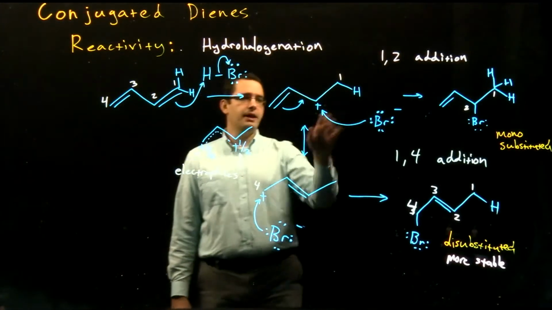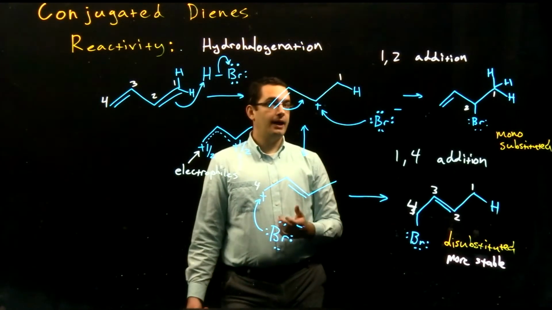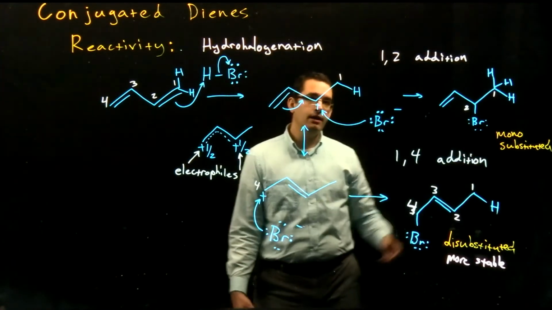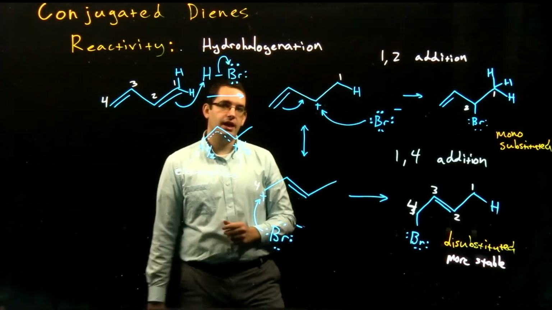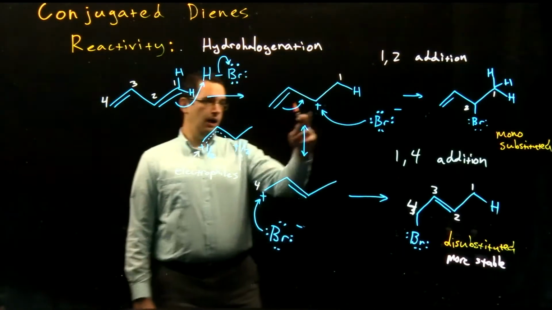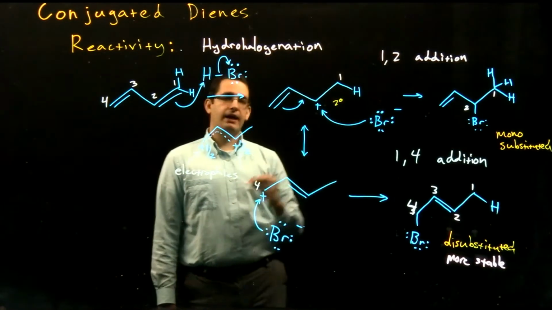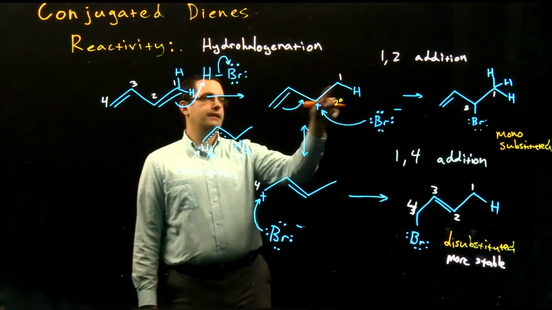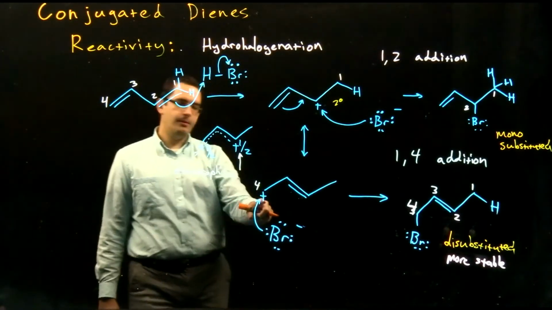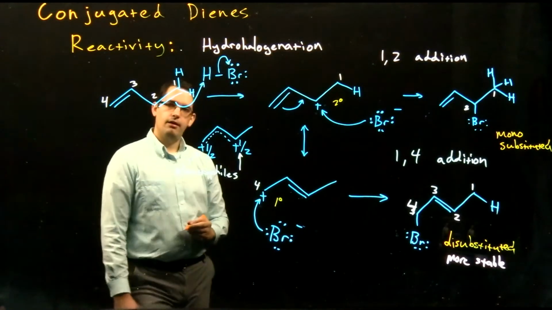So as we look at our intermediates, our intermediate, of course, is a carbocation. And carbocations, again, their stability is based on substitution because they get that hyperconjugation from adjacent carbons. So our carbocation up here, of course, would be a secondary carbocation. It's stabilized by both of those two carbons adjacent to it. Our carbocation down here is a primary carbocation.